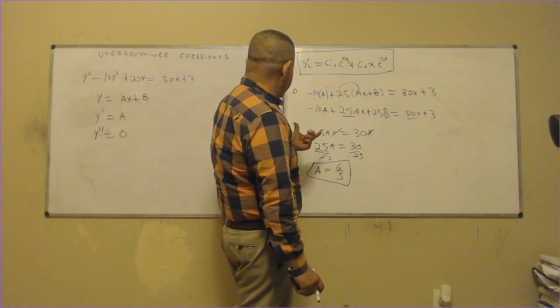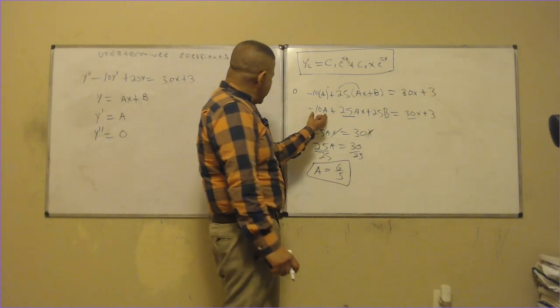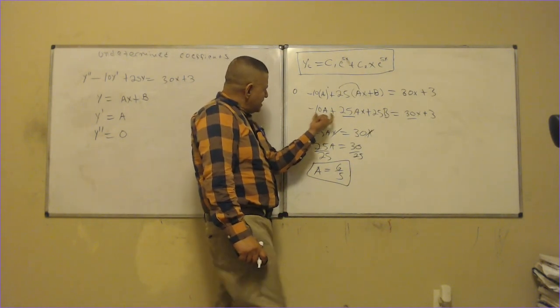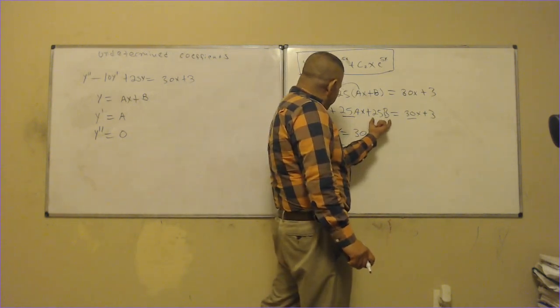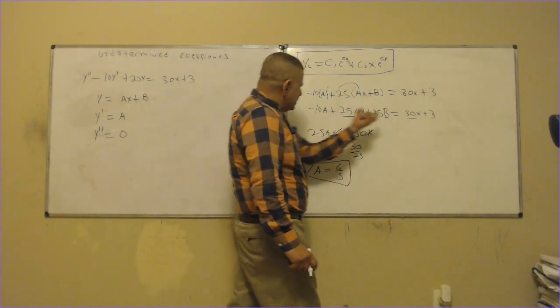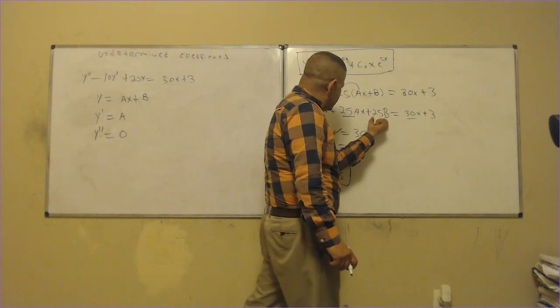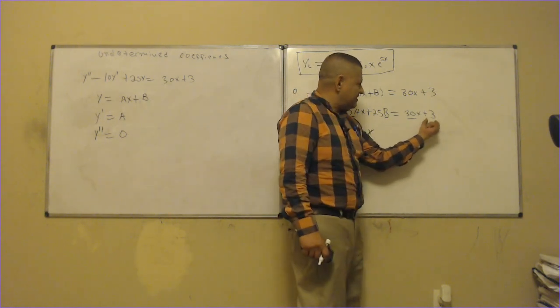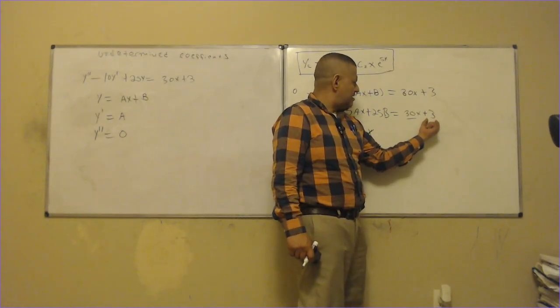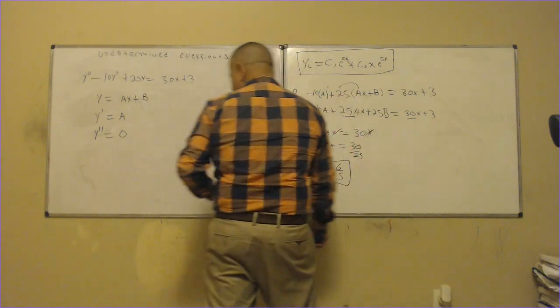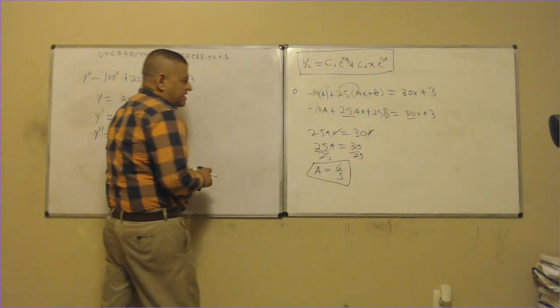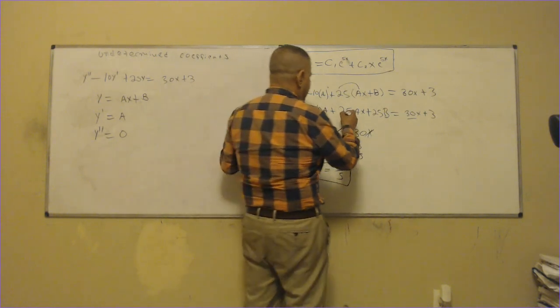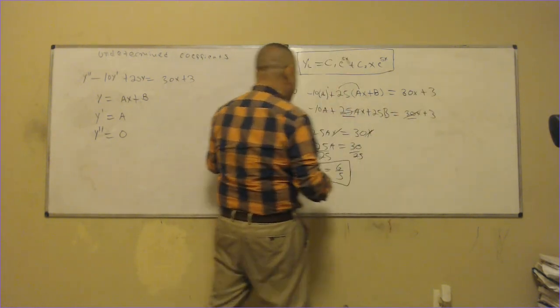Now b, right? So notice that I have this guy over here, and I got that guy hanging over there. This is a constant. So technically what I can do is the following. This is already being taken care of. It's gone, right?